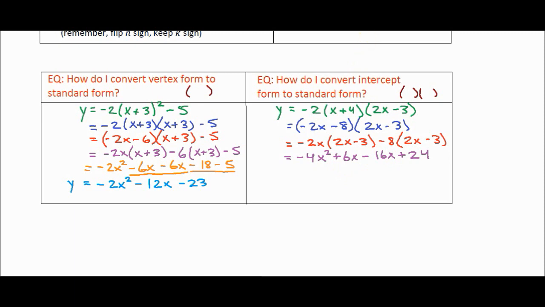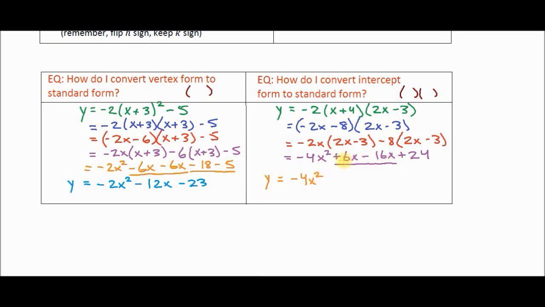Okay, last step, let's go ahead and combine our like terms. The only like terms we have are the ones in the middle, right here. Positive 6x and negative 16x. So our final solution is going to be y equals negative 4x squared, positive 6x minus 16.